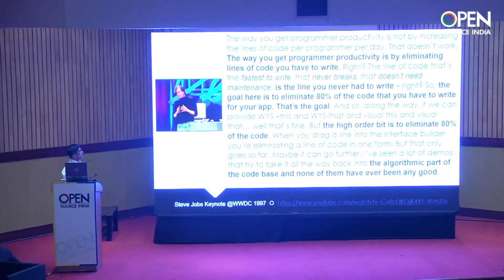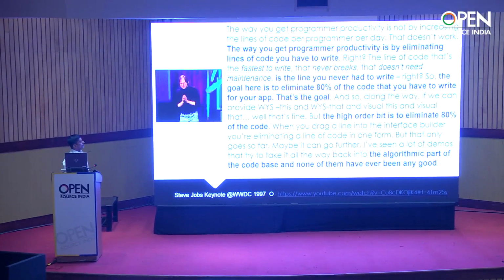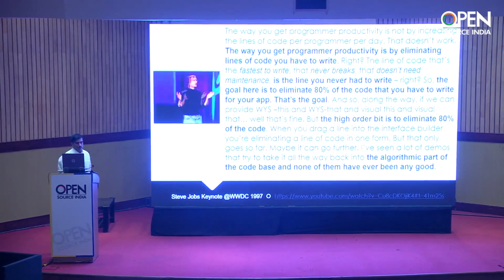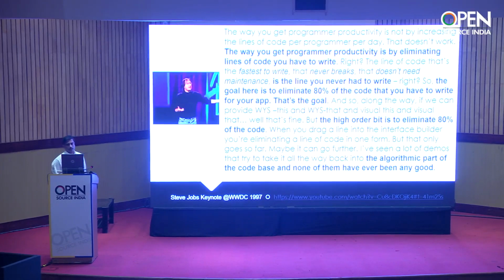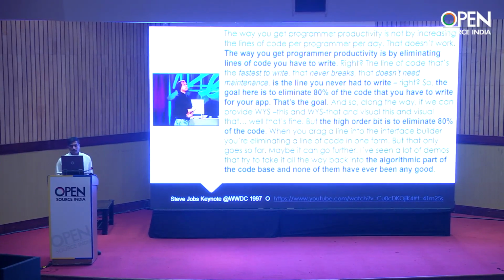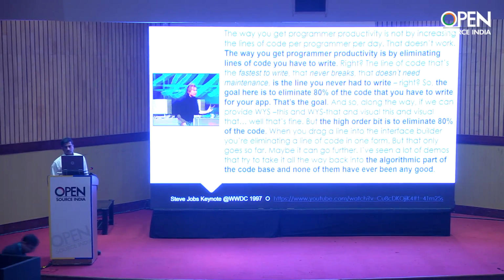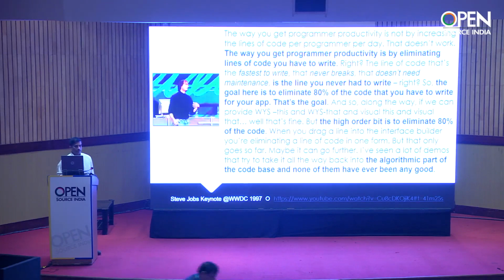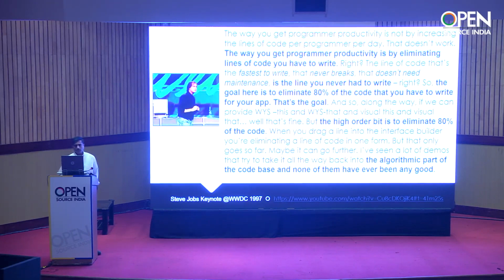So the goal here is to eliminate 80% of the code that you have to write for your app. That's the goal. And so along the way, if we can provide WYSIWYG this and WYSIWYG that and visual this and visual that, well, that's fine. But the high order bit is to eliminate 80% of the code.